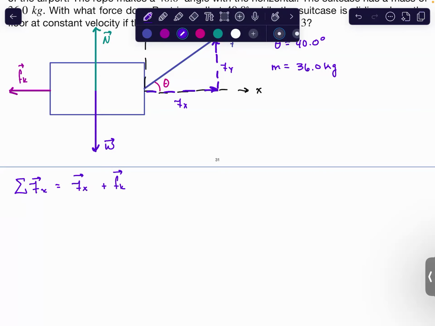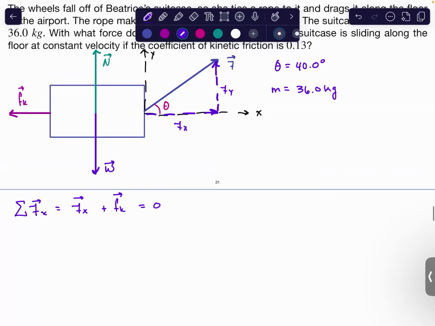Zero. Okay, so we look at the directions of our x component and our kinetic friction force. The x component is positive, friction force is negative. We're going to get an x component that equals the friction force.